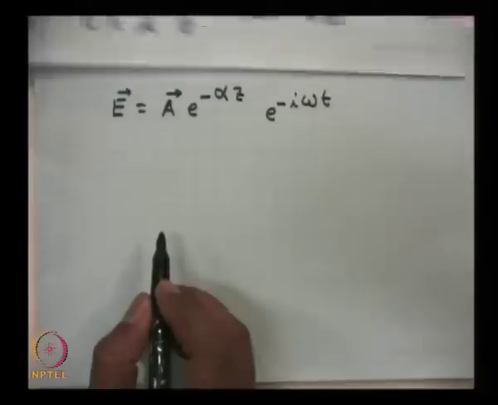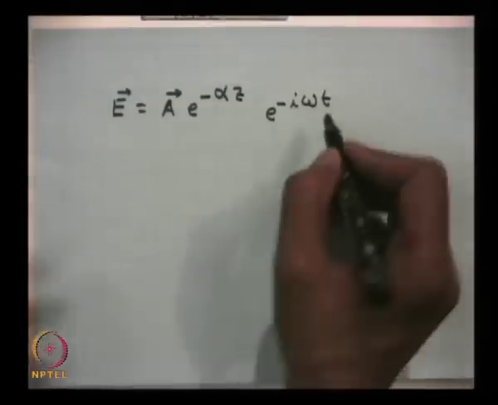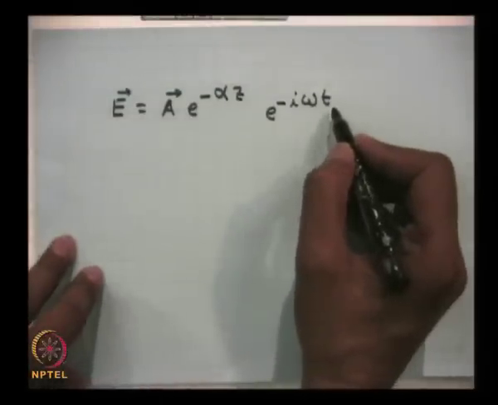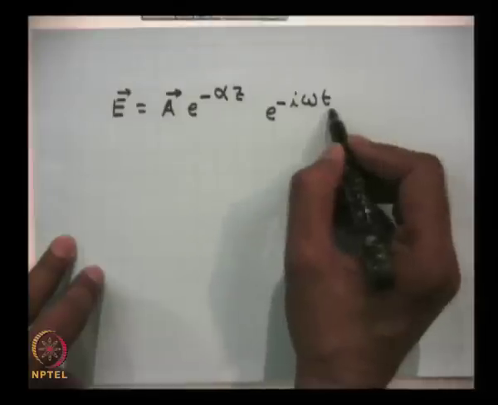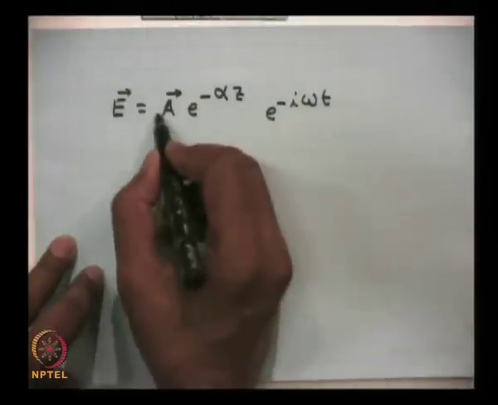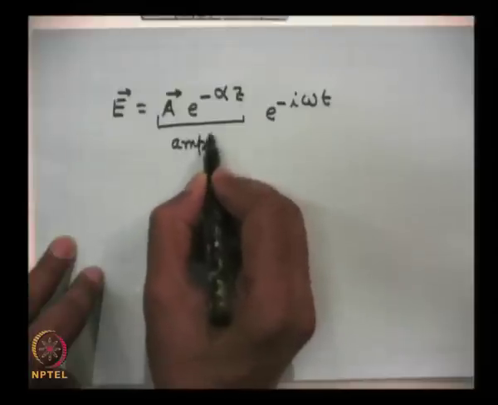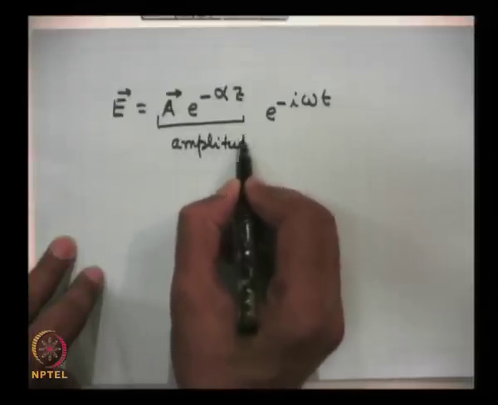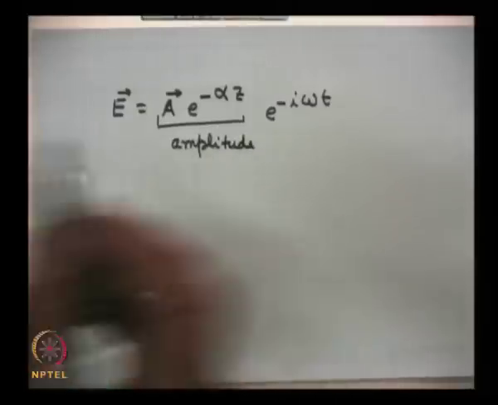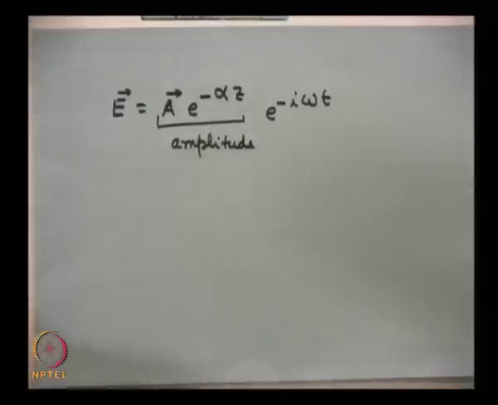So, in an overdense plasma, the phase term does not have any z dependence, and this entire thing is called the amplitude then. And the amplitude will fall off with z exponentially.